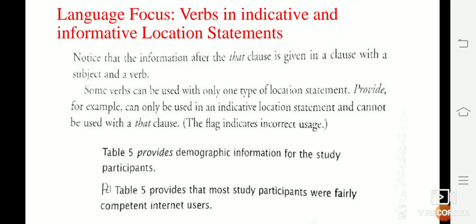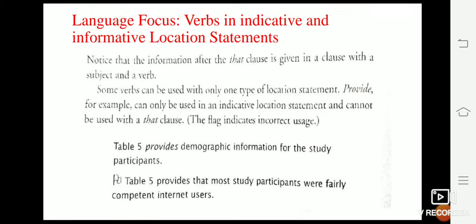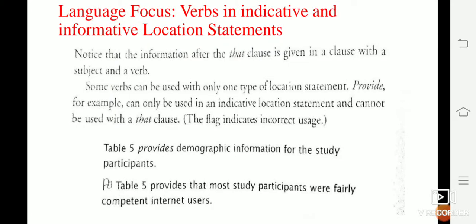The flag indicates incorrect usage. Can you now look at here? Table 5 provides demographic information for the study participants. So Table 5 provides that. You cannot say provide that. It is not correct.